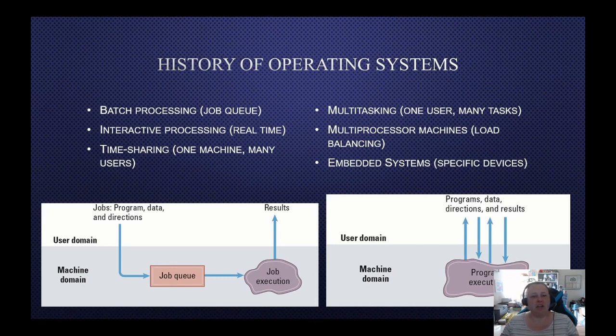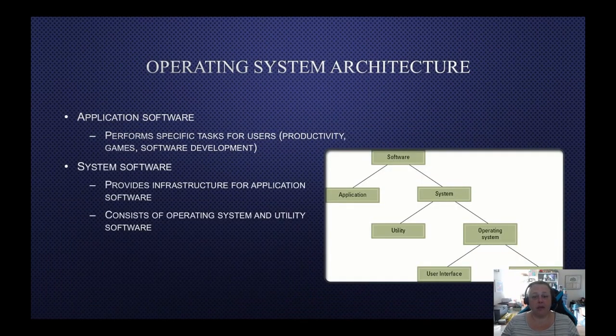Now, let's look at some of the different software systems that an operating system will deal with. So, all computer software can be classified into two major broad categories. We have application software and we have system software. Application software is going to be what your user wants to do, typically word processing, databases, gaming, things like that.